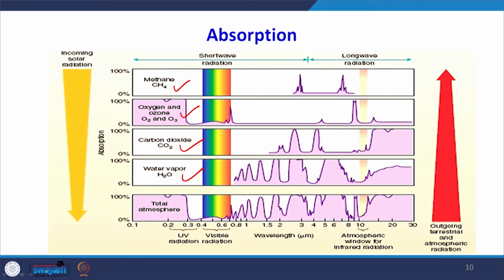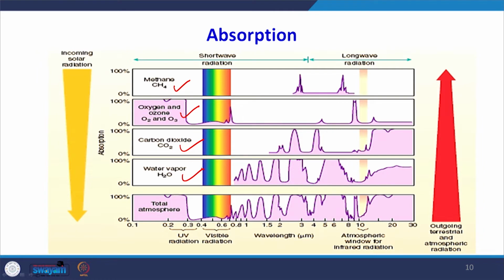If we see in which particular wavelength region the absorption is more, we can see that prior to the ultraviolet region and after that ultraviolet region the absorption is maximum. So we can see the different peaks of the curves.